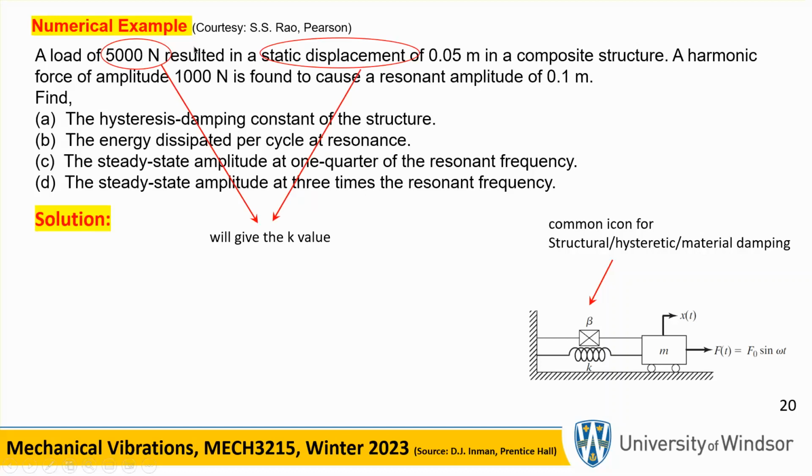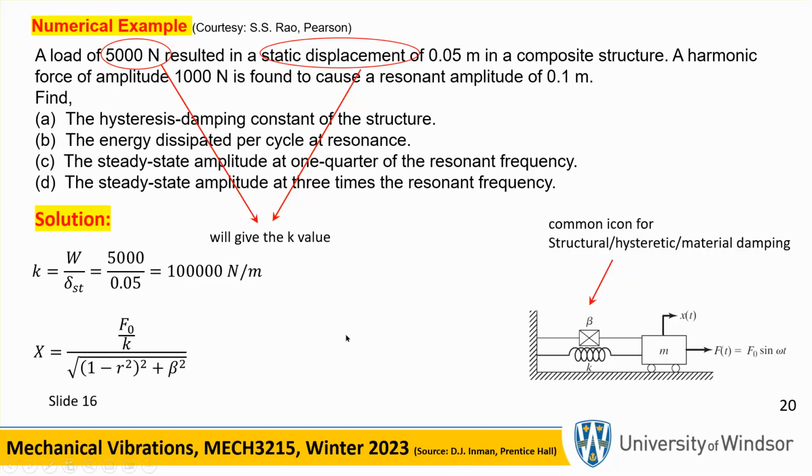First of all, as soon as you have this, you have the value of K. That's good. Now notice that the mass is not given to us because everything that we're doing here is at R equal to 1. So omega n, whether we know it or not, is not going to affect the problem.